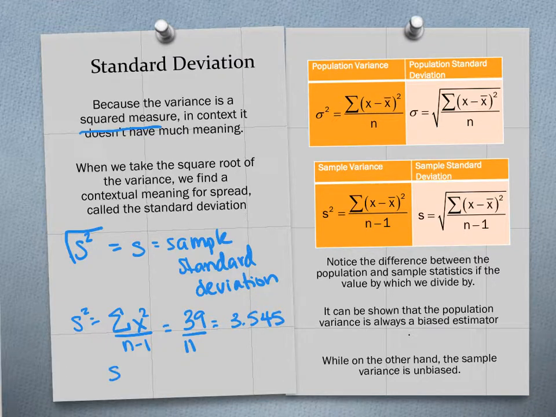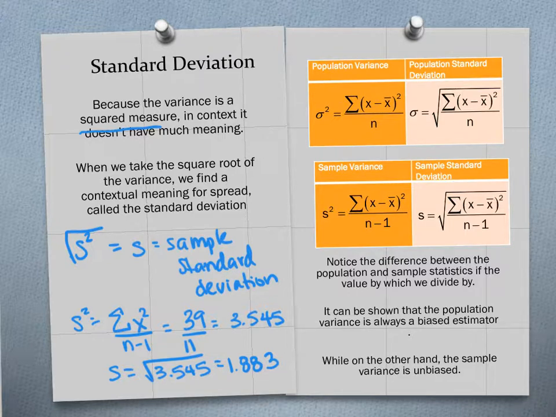In order to find s, we take the square root of 3.545, and we get a value of 1.883. And this is the standard deviation, and this is the value that is unbiased.